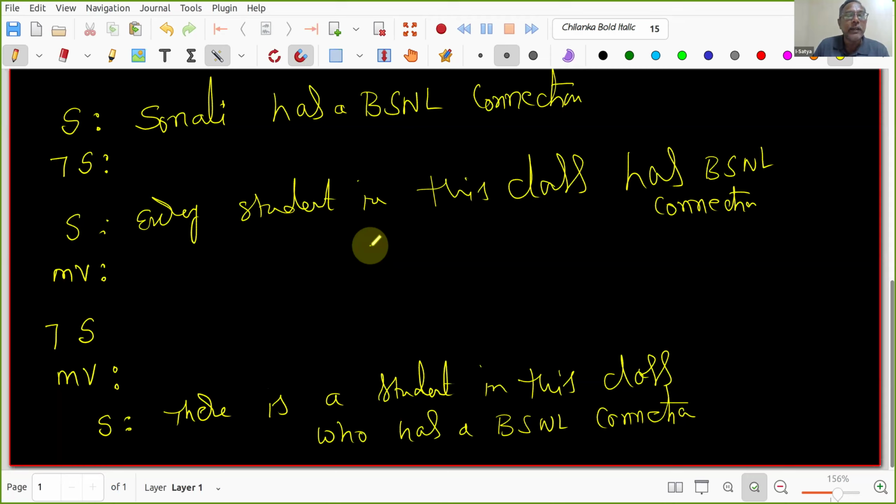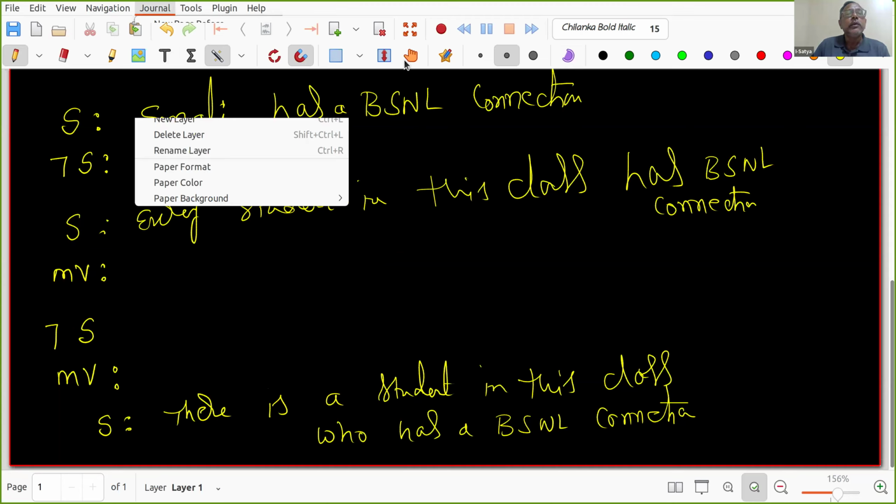The 70th person may not have a BSNL connection, then it is false. So we need to check for everybody. That's why when something is not true, we look for a counter example. For there exists, just one example is sufficient. You have to understand this; it is very, very important.